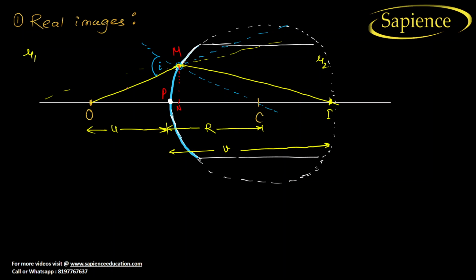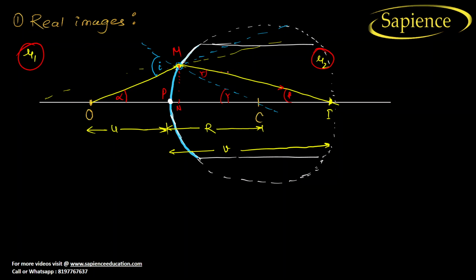Now the angle made by the object with the incident ray is considered alpha. The angle made by the image can be considered beta, and the angle made by this can be considered gamma, and this is known as r. This is the incident angle, so this will be the refracted angle, that is, the angle between the refracted ray and the normal, right? On this side there is mu1, and on this side there is mu2.